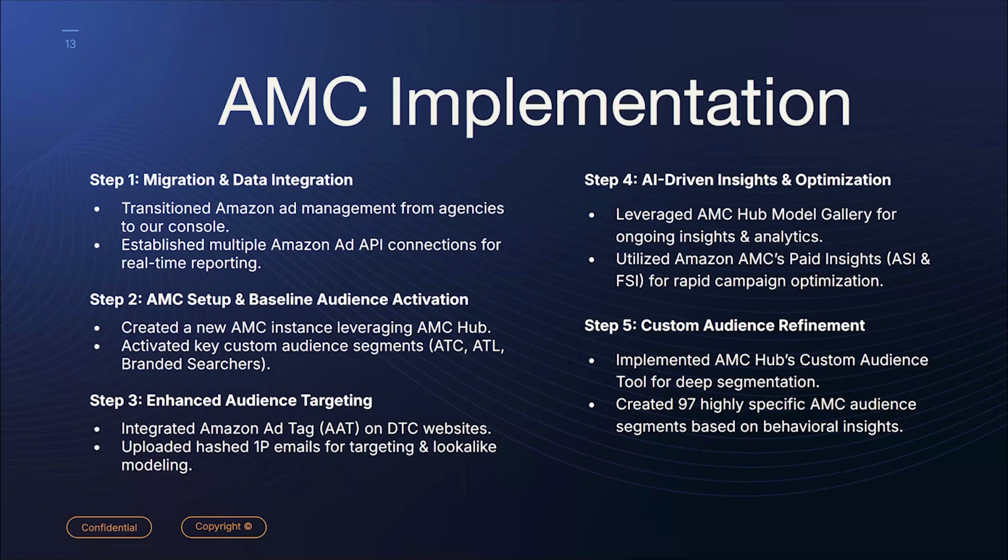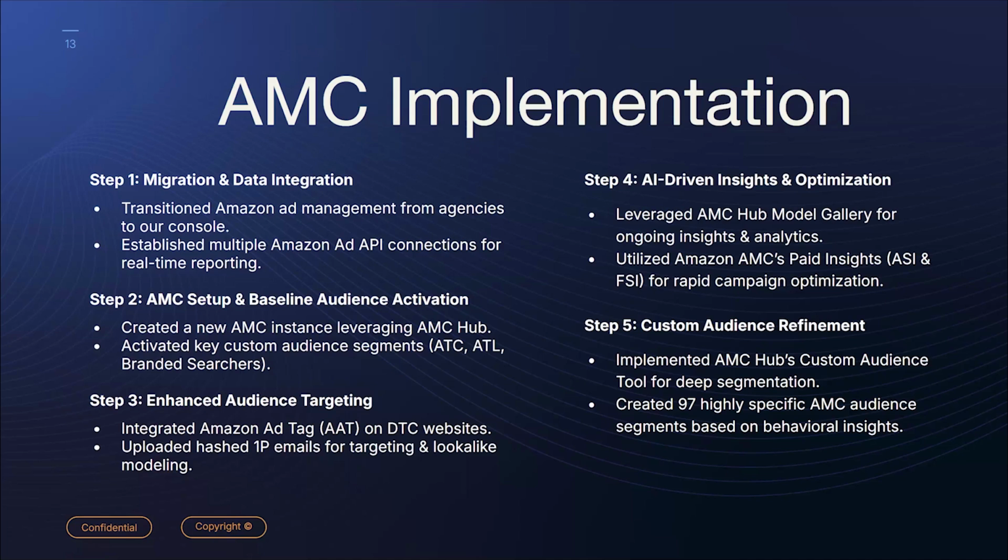So you can take all this data from the Amazon ad tag and capture all these emails, and you can upload a hashed email list. So this is basically encrypted. So it's completely anonymous, and you upload this into AMC, and you're able to match these users to AMC users, all anonymous, and then also create lookalike audiences for people that have similar demographics and similar behaviors.